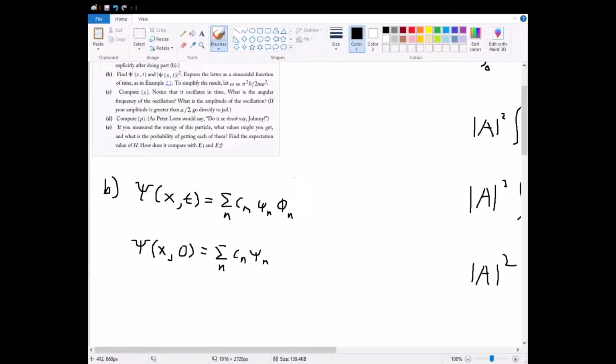From here, it's just a matter of finding the Cn's. And we know from Fourier's trick that the solution for finding the Cn is just writing Cn being equal to the integral of psi n, respectively its complex conjugate, multiplied by our arbitrary function, psi of x comma 0.